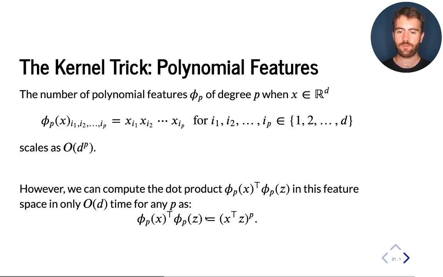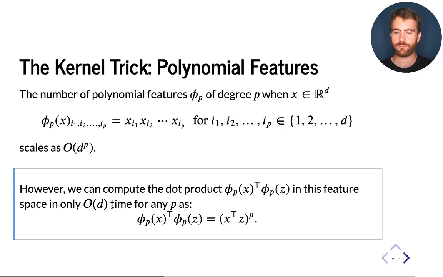In other words, I can have these arbitrarily long features. I can have this arbitrarily large set of features, and no matter what feature dimensionality I use, I can always compute their dot products in time that's linear. In other words, I can use my ridge regression algorithm with an arbitrarily high degree polynomial without incurring any computational cost whatsoever over a linear model.